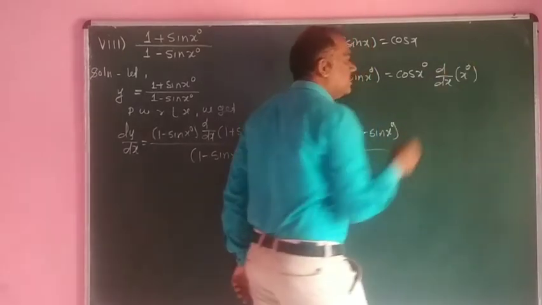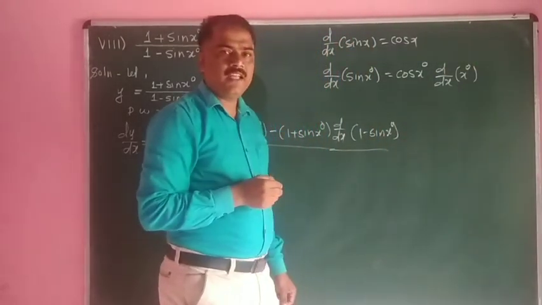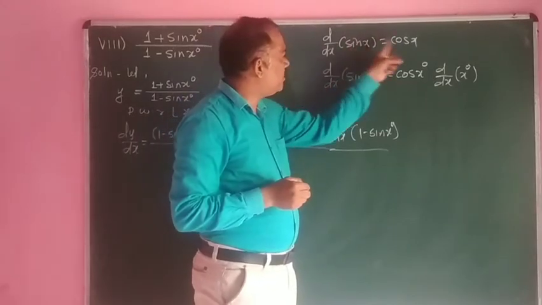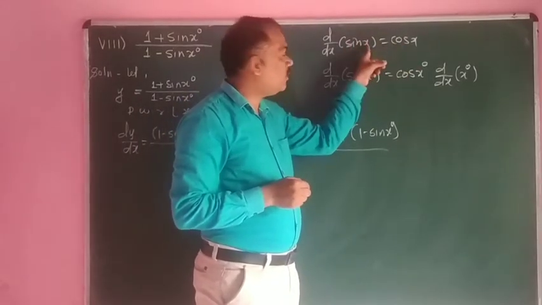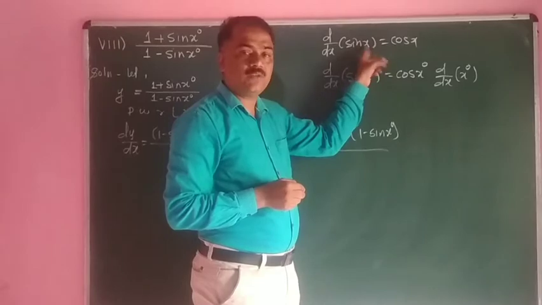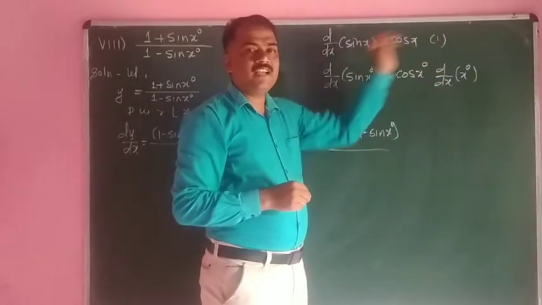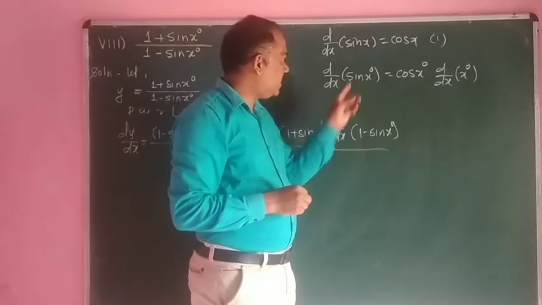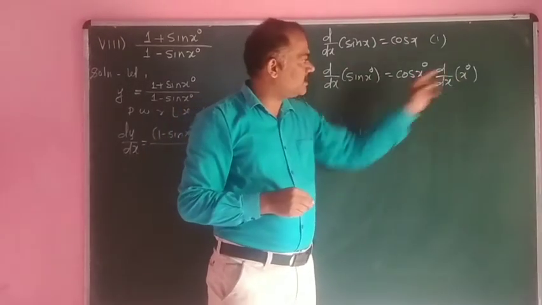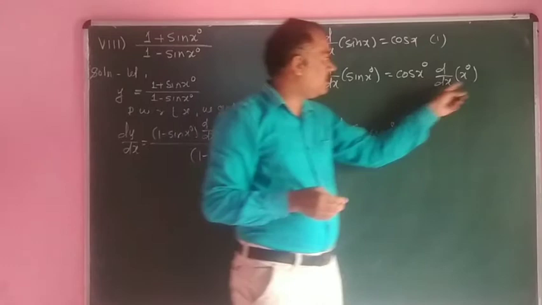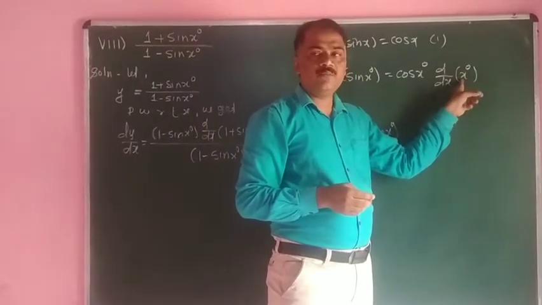Here we have to convert this degree measure into radian measure. The derivative of sine is cos x, and we also take the derivative of x with respect to x. What is the derivative of x with respect to x? It is 1. But when the angle is in degree measure, we cannot take the derivative directly in degree measure.